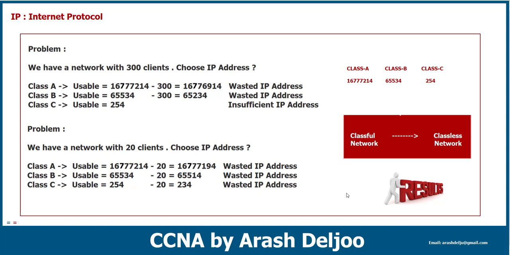In classless networks, we don't have the rules of the IP address classes. You will learn about it in this course, but let me say that in classful networks, we have a limitation to choose only class A, class B, and class C, meaning respectively 24 bits for host, 16 bits for host, and 8 bits for host, and it is not a good choice.